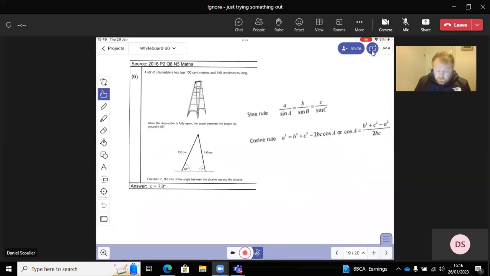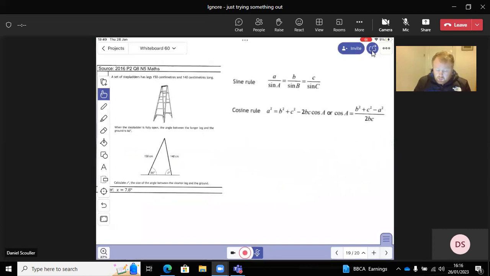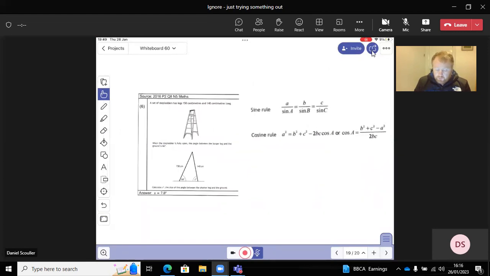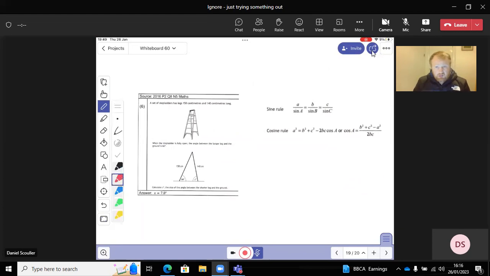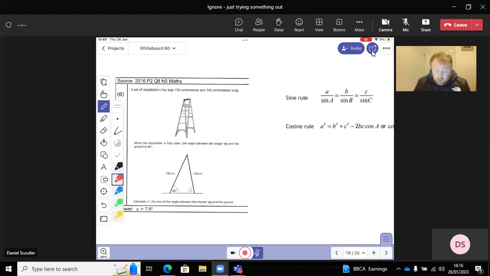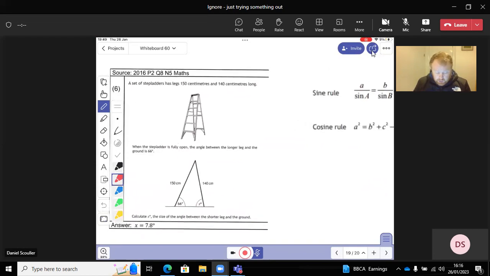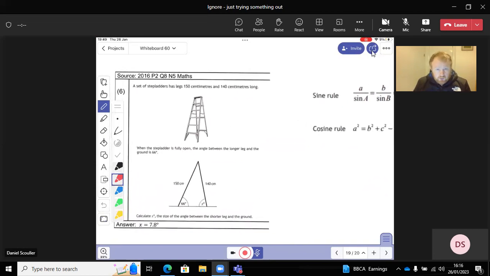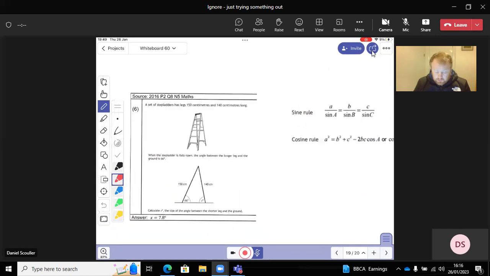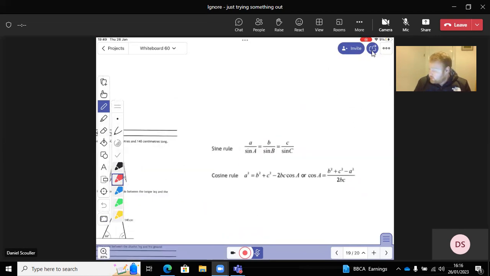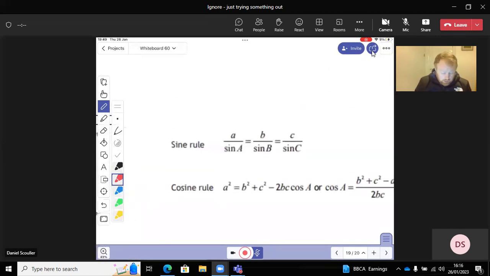We've got those rules, those rules. You can even rip your formula sheet off and have it beside you and go through what you've got and what you're looking for. So we've got two sides. I would start with the sine rule just to go through it.